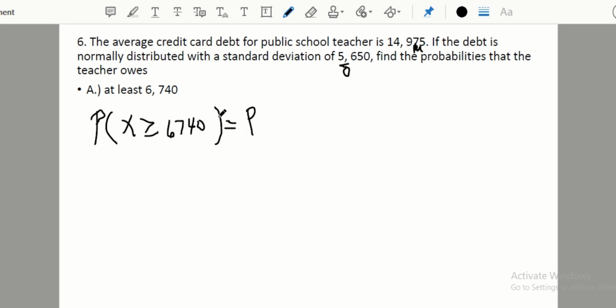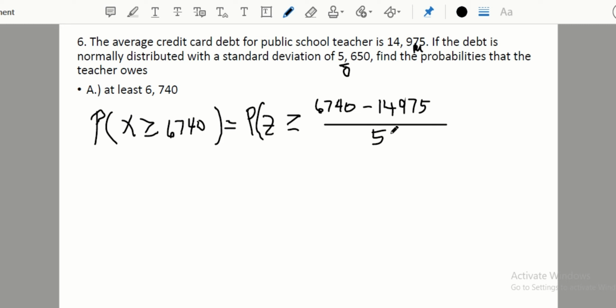So this is now z greater than or equal to 6,740 minus 14,975 divided by 5,650. So again, use your calculator.